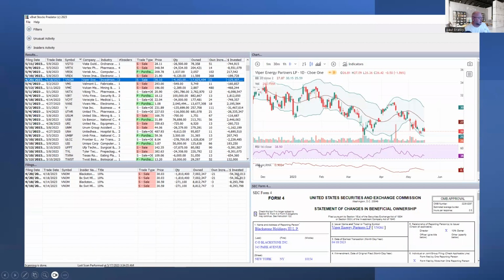There's a lot of money going out on those first sales here, 54 million, and then a little bit there. These were 10% owners of the company, and they were offloading a lot of shares at that point. We bring in the SEC form as well, so you can check that out. And then we've got that built-in charting package.